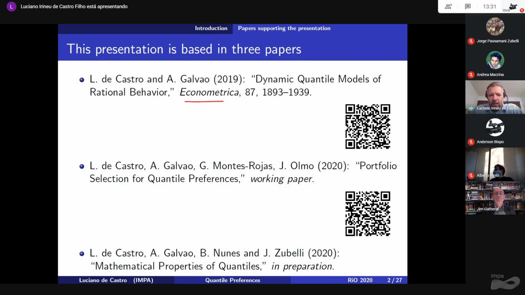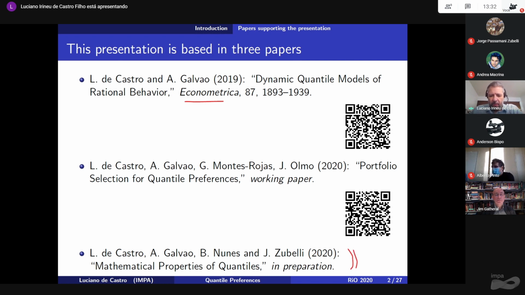There is the link there for anyone that wants, but I will talk very briefly about it. The main part of the talk, which is the title in the program, is about portfolio selection using quantile preference. The idea came from the first paper, and I'm going to also present some results in this other paper.